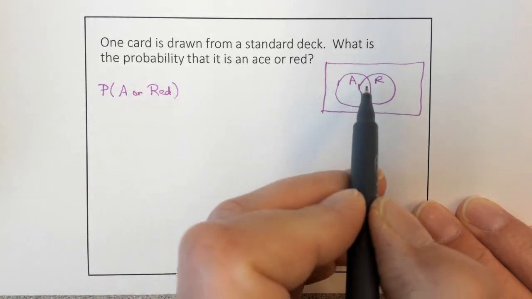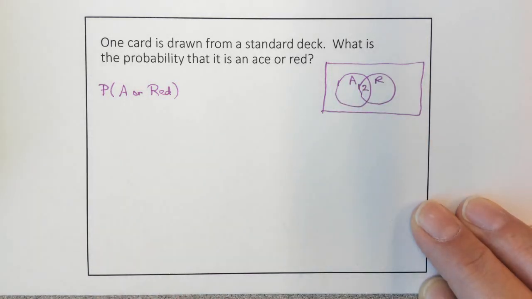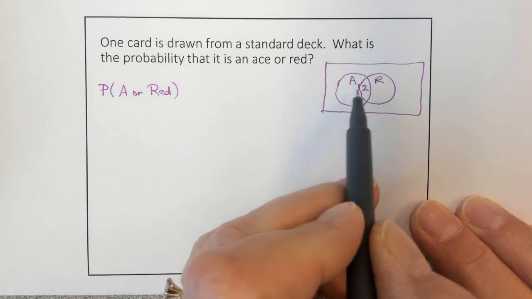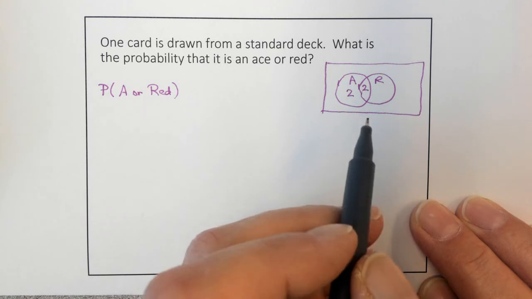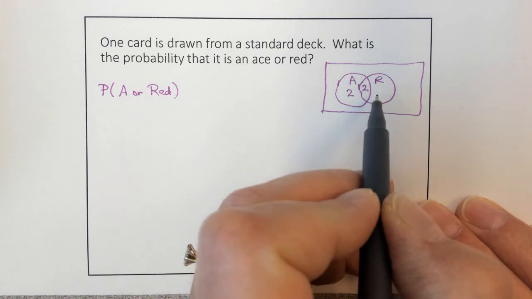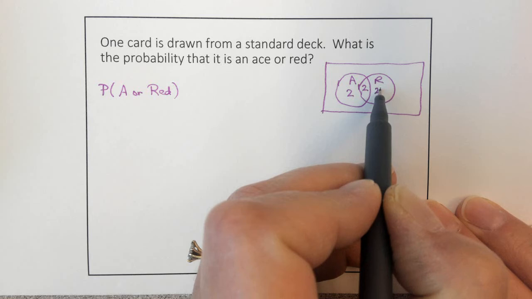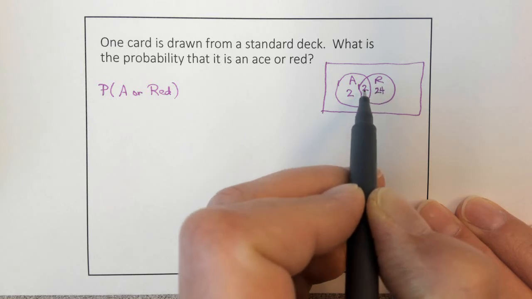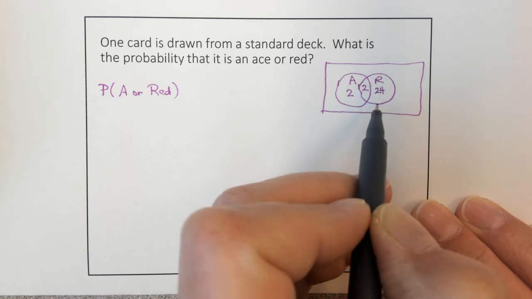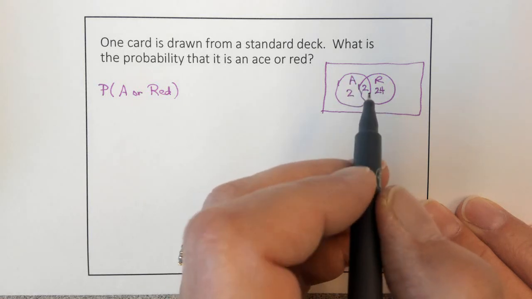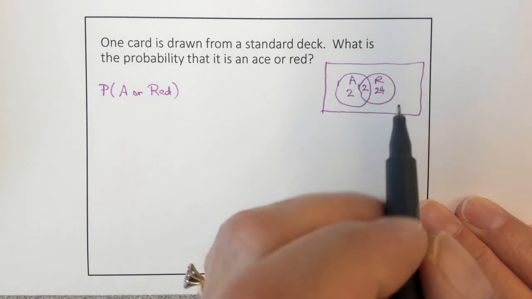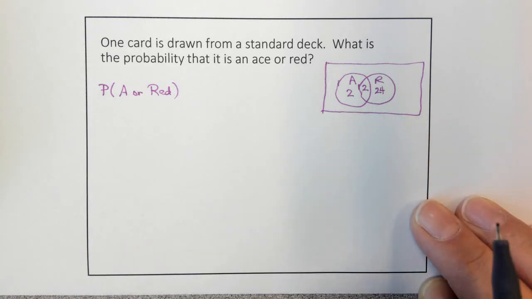Out of 52 cards, 2 of those cards are red aces. There are a total of 4 aces, so there are 2 aces that are not red. There are 24 cards that are red that aren't aces. Total of 26 red cards. And that's all we're going to need for this one.